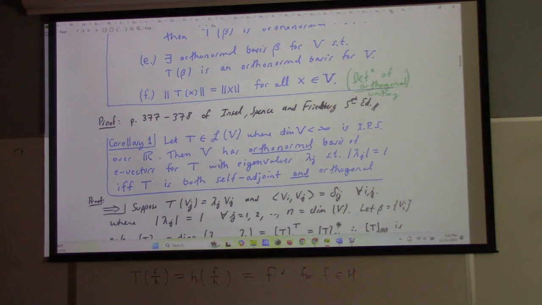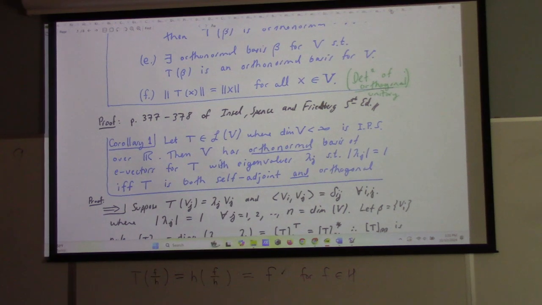So any one of those is a reasonable characterization of what it means to be a unitary or an orthogonal operator, all right? So a corollary to that theorem is that if we have a linear transformation on a finite dimensional inner product space over the reals, then V has an orthonormal basis of eigenvectors for T with eigenvalues lambda j, such that the absolute value of the eigenvalues are 1, if and only if T is both self-adjoint and orthogonal.